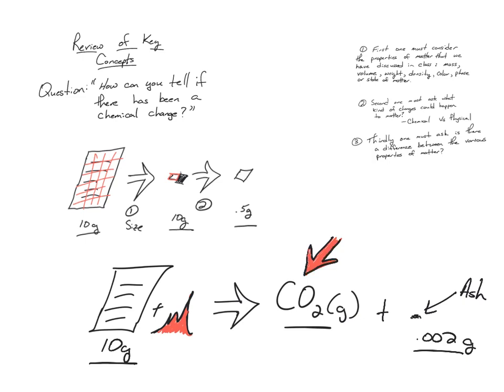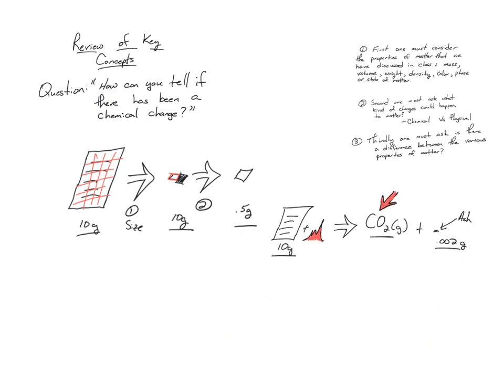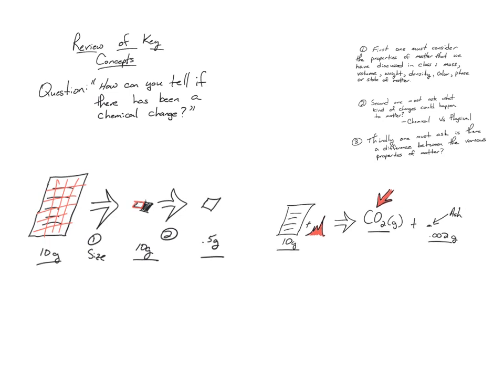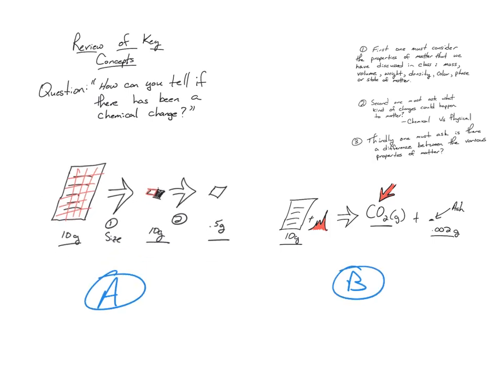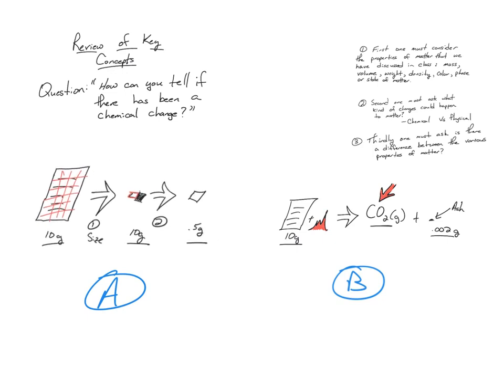What you have to take away from here is that something fundamentally different happened between example A over here and example B over here. Okay? And before I explain it, I wonder if you can say it.